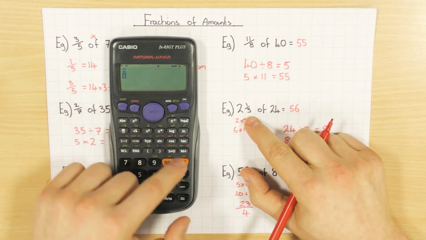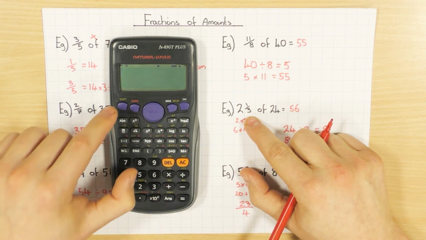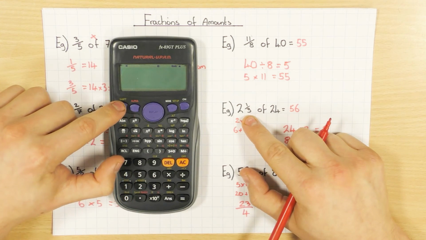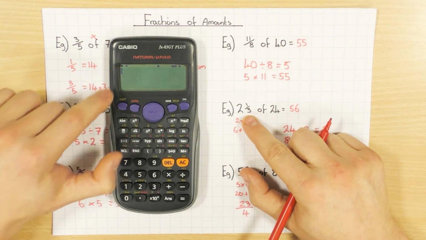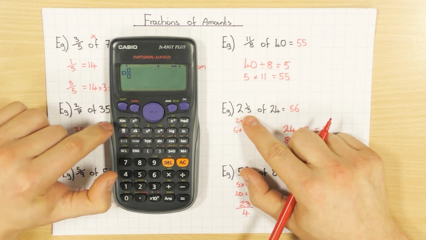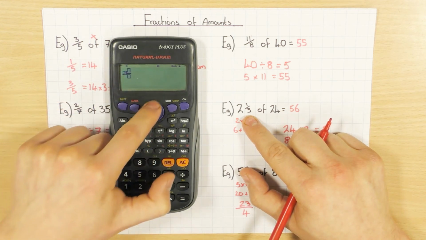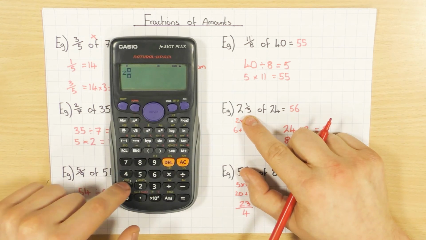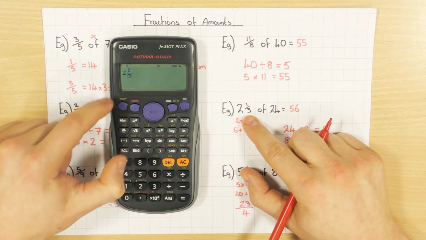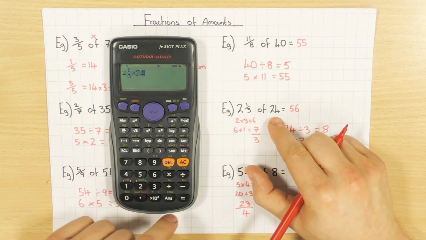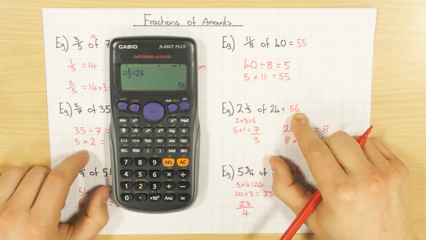It doesn't even quite work, so I'm not entirely sure how people get this one wrong, but essentially what you need to do to get a mixed fraction is press shift, so you get the little s at the top there, and then press the fraction button. And what you'll notice is you actually get 3 boxes for you to put in your mixed fraction. So make sure you do shift and the fraction button, and then you're okay. Press times, and then obviously 24, and you get the 56.